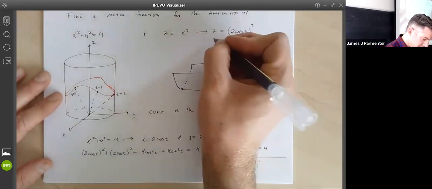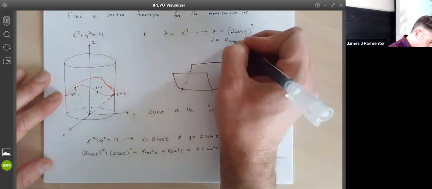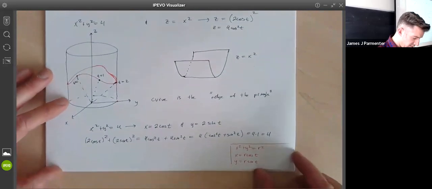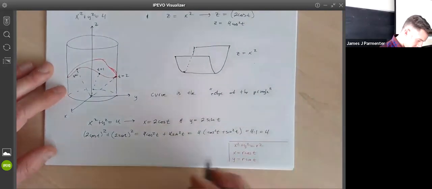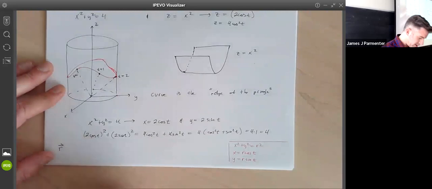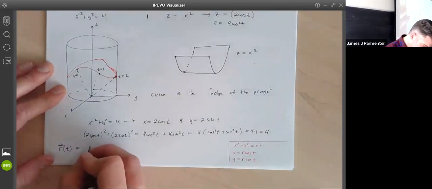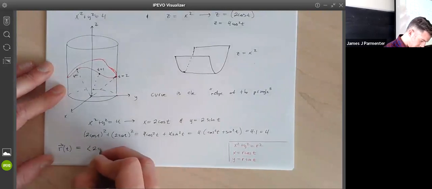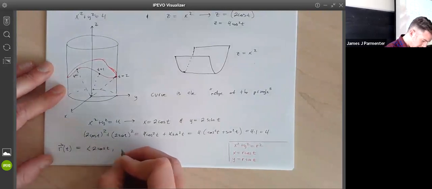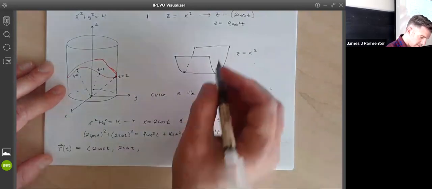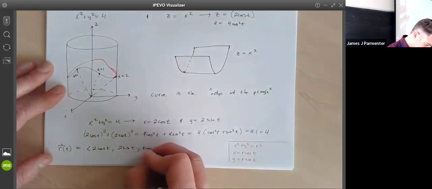So then our z is going to equal 4 cosine squared t. And so what that means is we can write our vector valued function r as a function of t as the vector: the x coordinate is 2 cosine t, the y coordinate is 2 sine t, and the z coordinate is 4 cosine squared t.